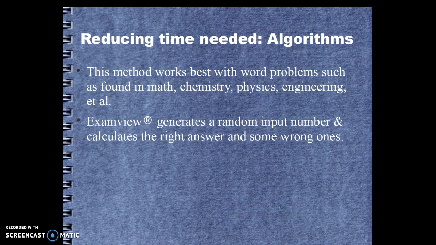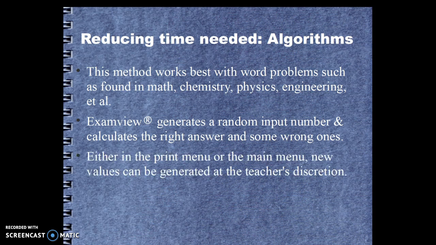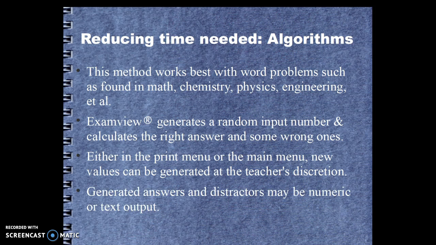Examview will generate a random input number in the question and then calculate the correct answer and perhaps even some wrong answers and put those on the answer key. Either in the print menu or in the main menu, new values can be generated at the teacher's discretion. The generated answers and distractors may be numeric in output or text.